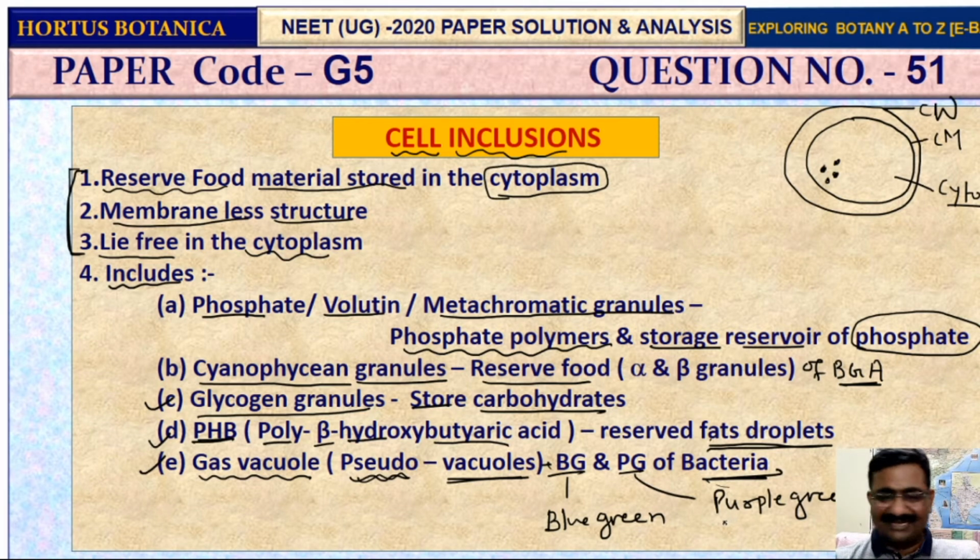I always tell the students, remember the gas vacuole: G comes through the PG or BG persons. So BG and PG bacteria have this gas vacuole, which is also called the pseudo vacuole.